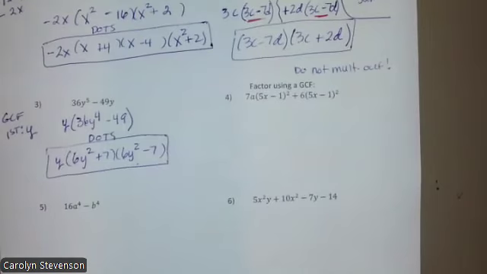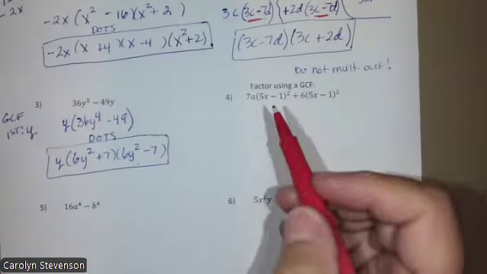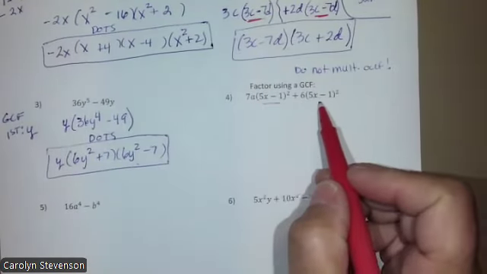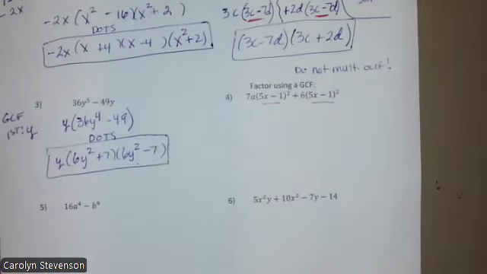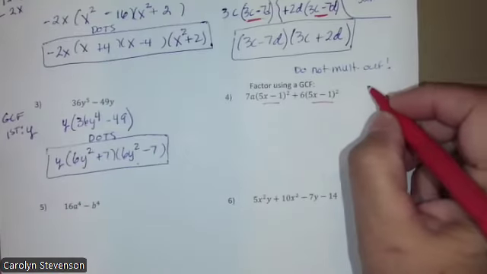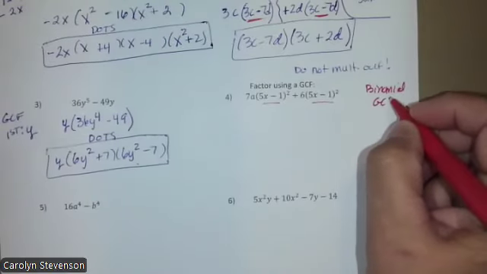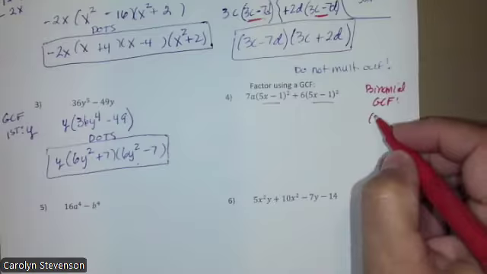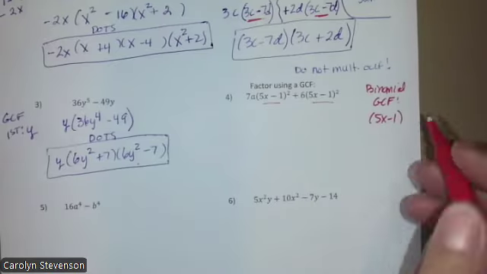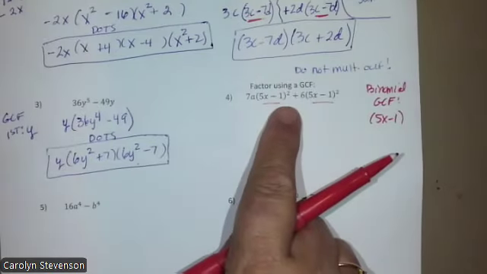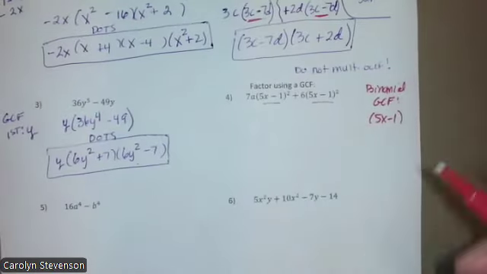Okay. What we want to see here is that 5x minus 1 is common. So a binomial GCF on this one, 5x minus 1, but it's to the power of 2 in both of these terms.